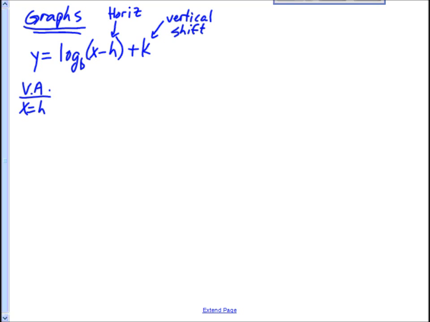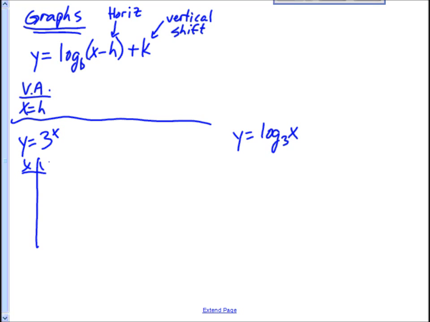So let's first look at 3 to the x, and then we'll graph its inverse. So we really want to look at log base 3 of x, right? We know 3 to the x: plug in 0, 3 to the 0 is 1; plug in 1, 3 to the 1 is 3; 3 squared gives us 9; negative 1 gives us 1/3; negative 2, 1/9, and so on.